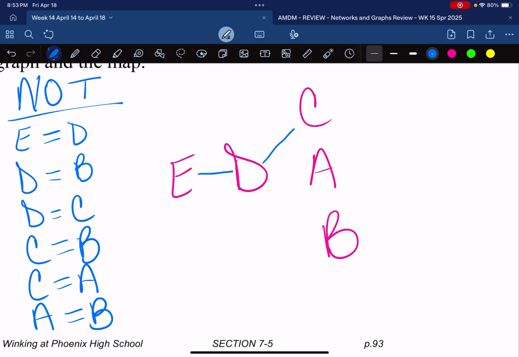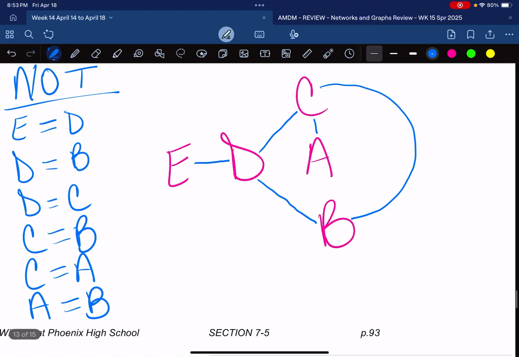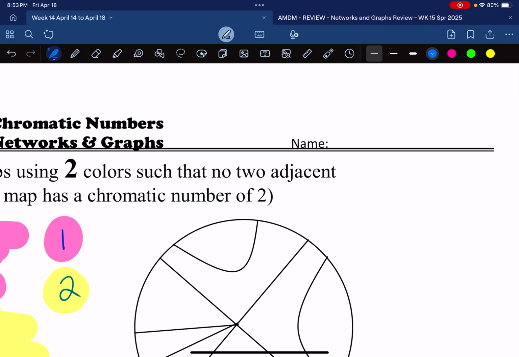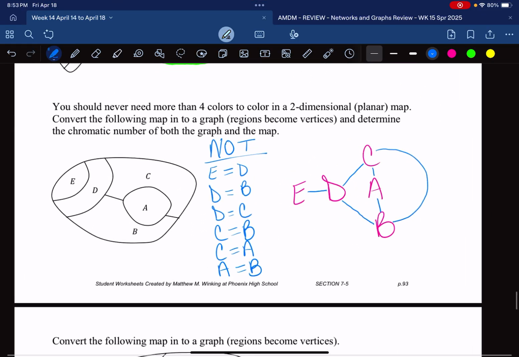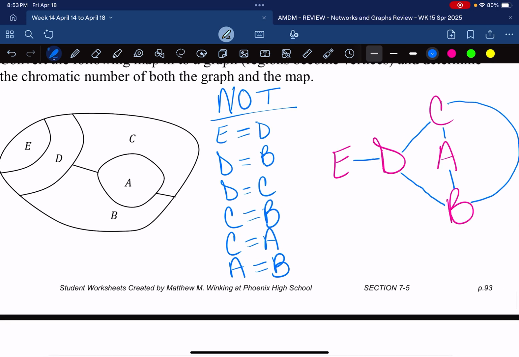D cannot be a C, and D cannot be the same color as B. So those connect. C cannot be the same color as B. C cannot be A. Oops. And A cannot be B. So this is what this graph is telling me, that those colors cannot touch each other.